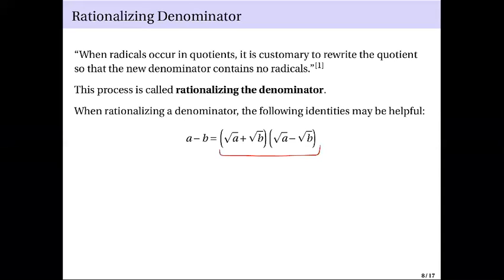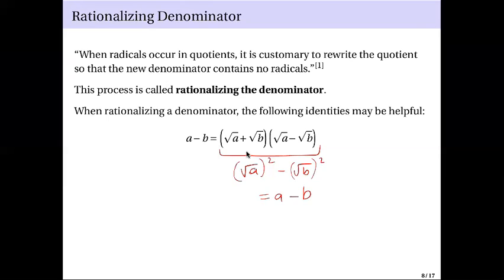The difference of two squares formula tells us that this is equal to the square root of a squared minus the square root of b squared. The square root just cancels the square here, and similarly for this one. So you will get your a minus b.